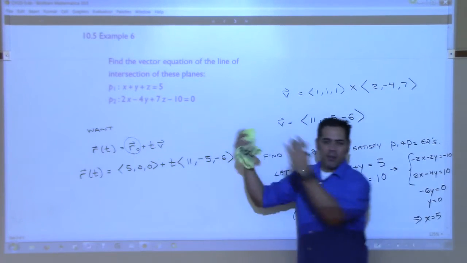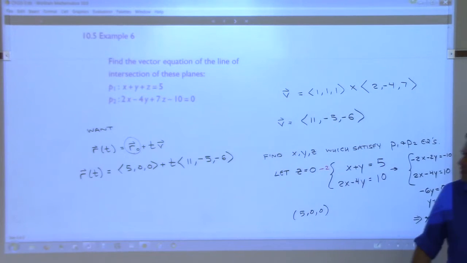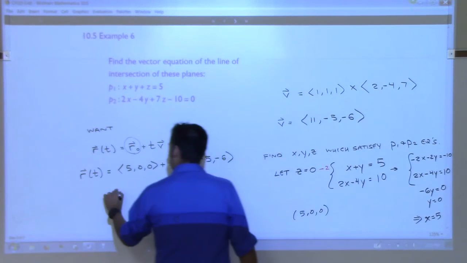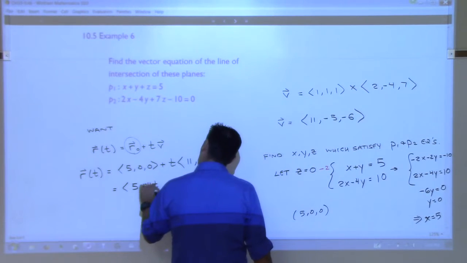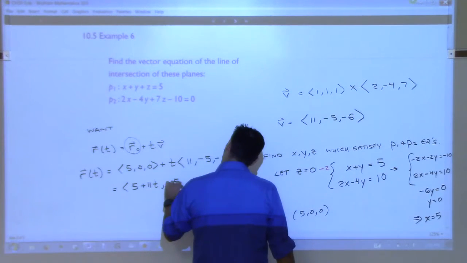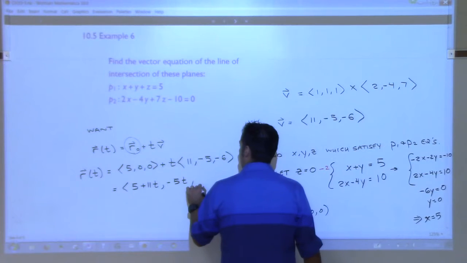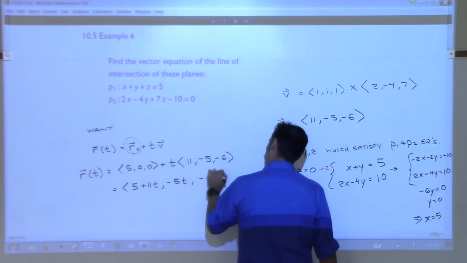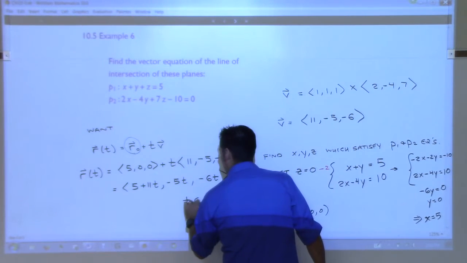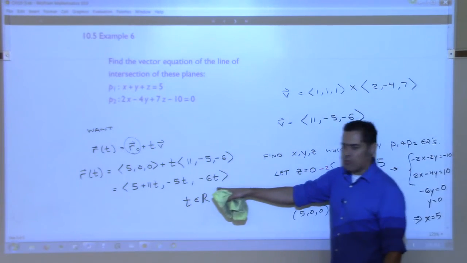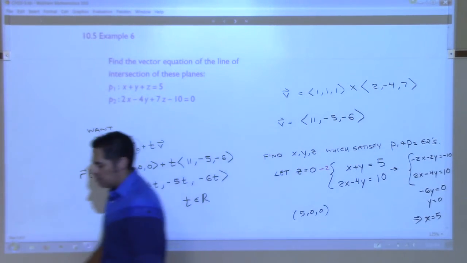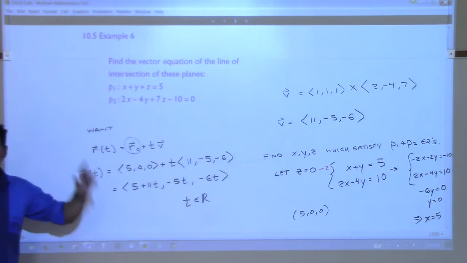And then you could put that all together into one vector equation. So (5 plus 11t, negative 5t, negative 6t), and here t is an element of the real numbers. If you sketch this, it'll draw the line that forms the intersection of those two planes.